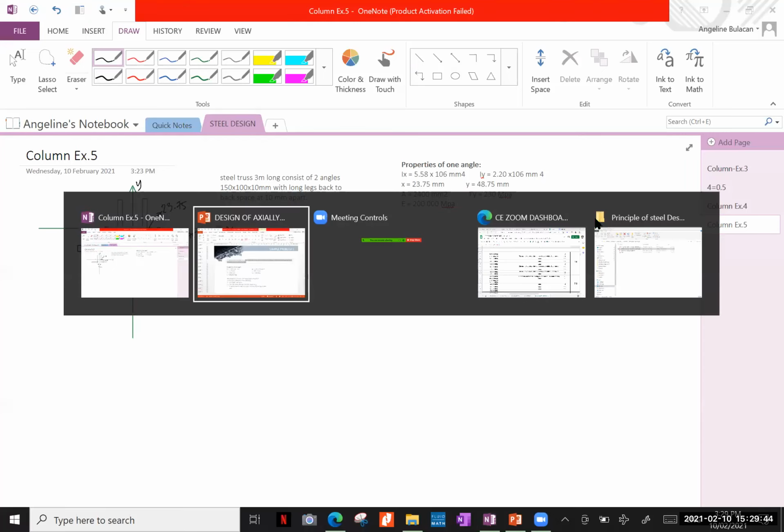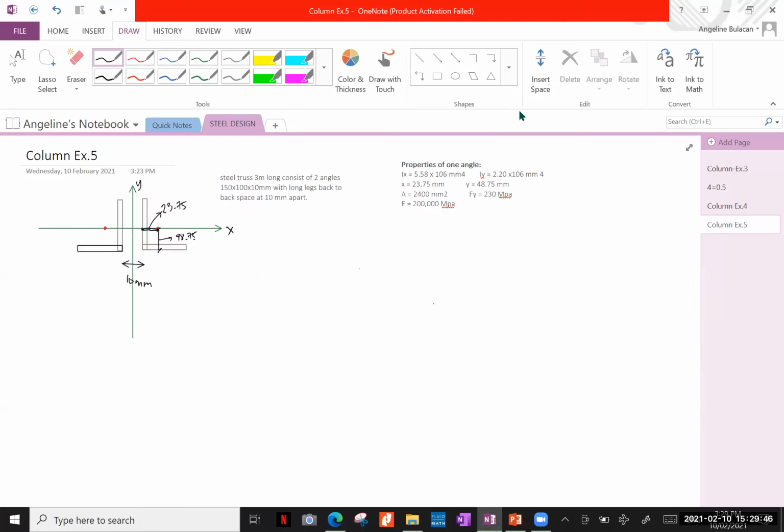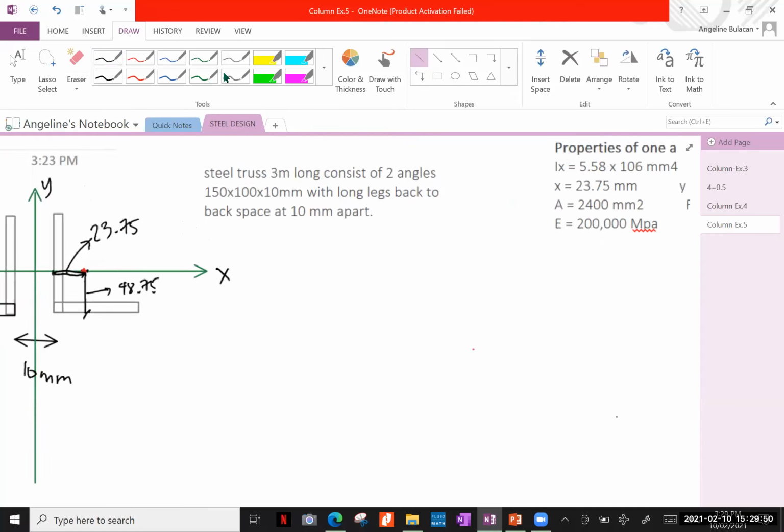Ba't lumalabas 'to? Yan. Ix is equal to, copy nyo lang yung Ix nito. So, 5.58 times 10 raised to 6 times 2, kasi dalawa sila.